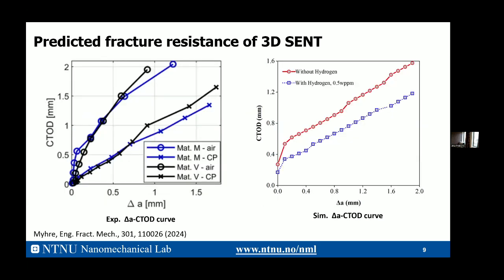Here is a similar experimental result from another paper, because the measurement of the CTOD value is very difficult for experiments. And the next one is the simulation, considering the conditions without hydrogen and with hydrogen.